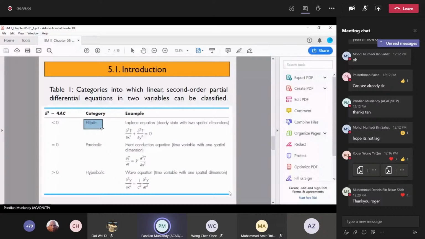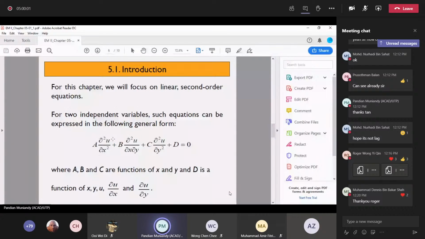So this is steady state with two spatial dimensions, meaning x and y are the space dimensions and the output is temperature. In this case, if you want to calculate A, B, C: A is 1, B is 0 and C is 1.